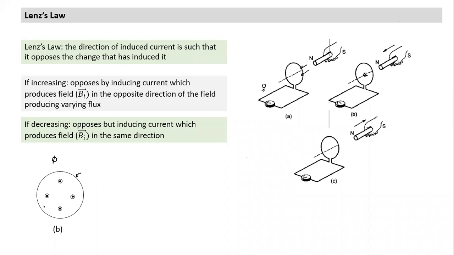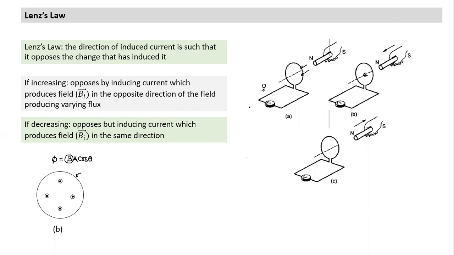Can someone think of the reason for the change in flux? What is changing here? In terms of magnitude, flux is equal to BA cos theta. Which term is changing when the magnet is brought closer to the loop? B is increasing. As the magnet is brought closer, the magnetic field strength will be higher.